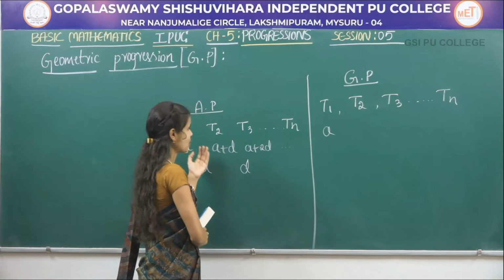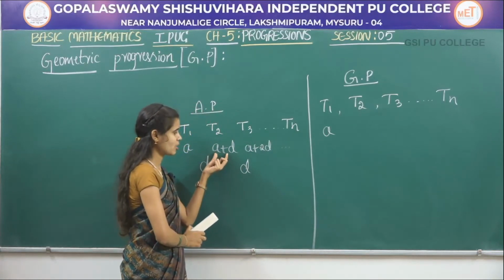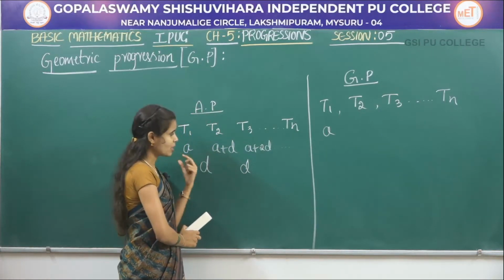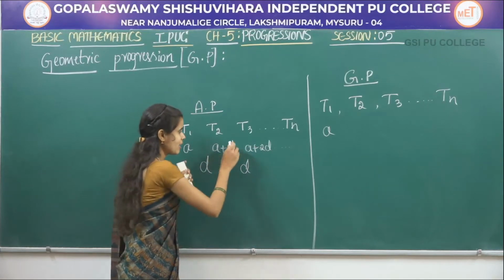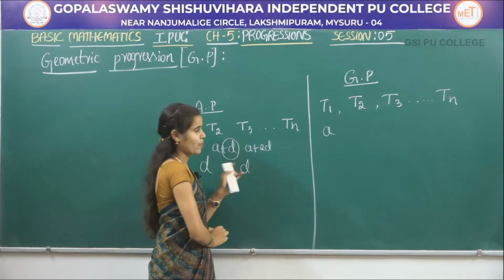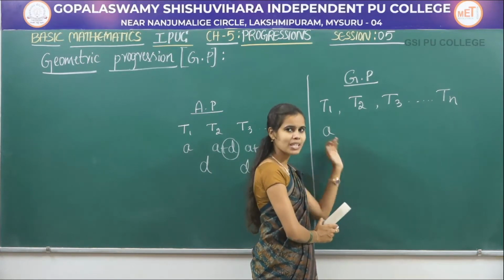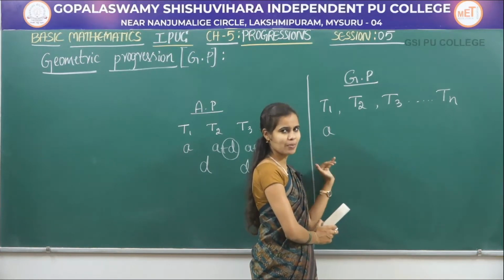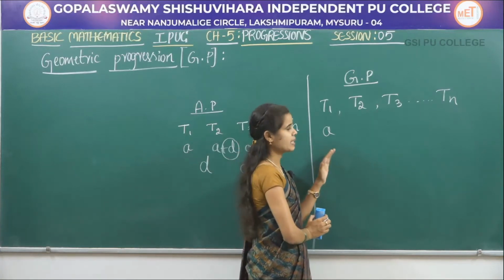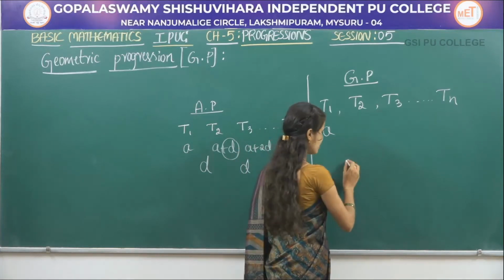Here also the terms are denoted by T1, T2, and the nth term is denoted by Tn. The first term is denoted by A. In arithmetic progression we get the next term by adding a fixed number to its previous term. Here each term is obtained by multiplying a fixed number to its previous term. The fixed number is denoted by R.